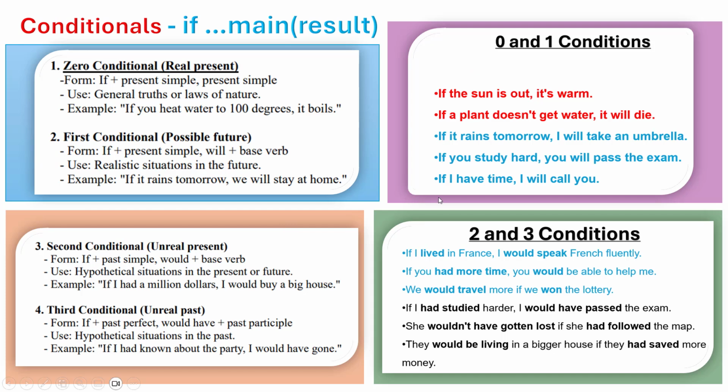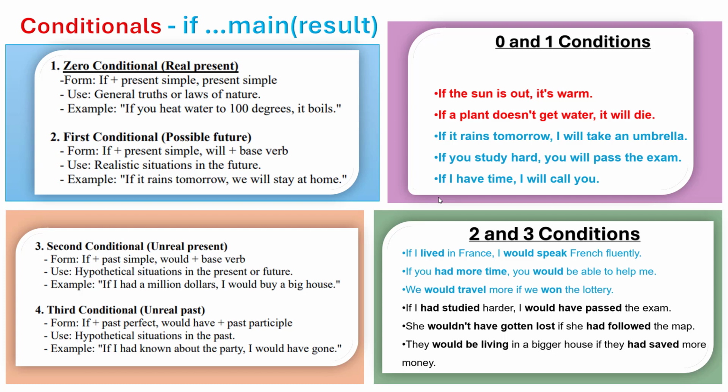So here we have some examples of zero and first conditionals. The first, in red, zero conditional: if the sun is out, it's warm. It is a general truth, and there is no other option. If the sun is out, it's warm, always. If a plant does not get water, it will die.